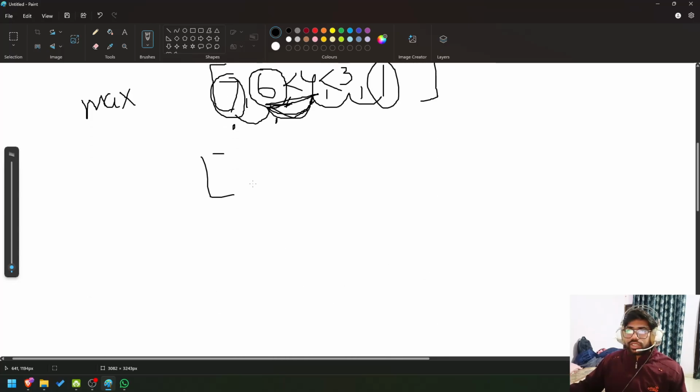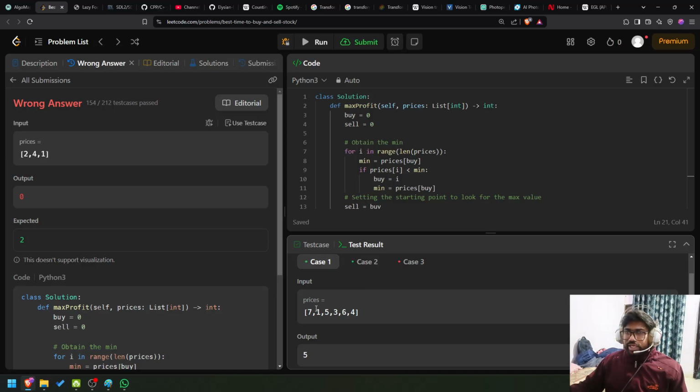So I get i and j, and both are the same, and then I just simply return the subtraction, let's say this is buy and this is sell, so sell minus buy. Okay, simple.